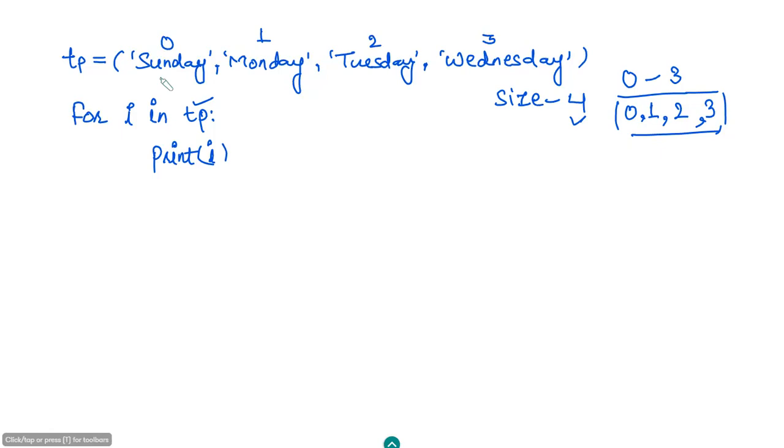So the first time, the first element will be sent to the variable i. That means the element will be Sunday, and that will get printed. The second time it will be Monday, and so on. All the elements will get printed one by one, right?